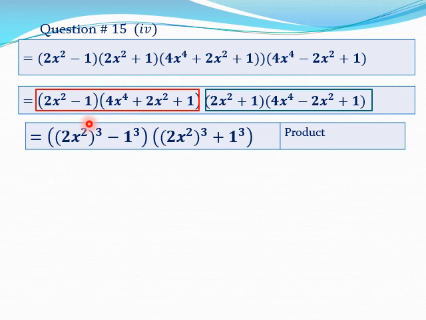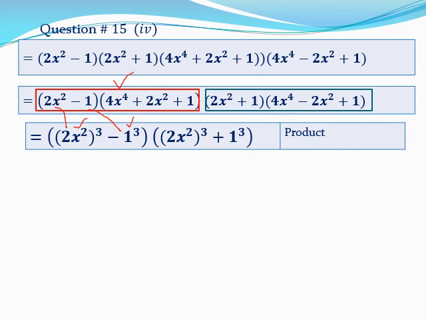We are going to find its product by using sum and difference of cubes. For the first group, whenever we multiply these two factors, we get first term cube minus second term cube, where the first term is 2x square and the second term is 1.